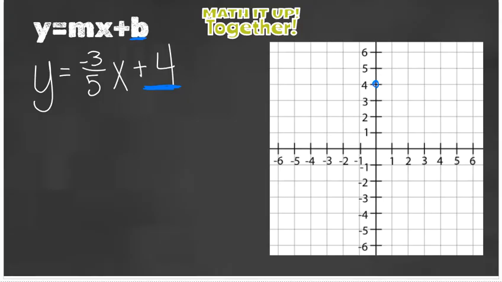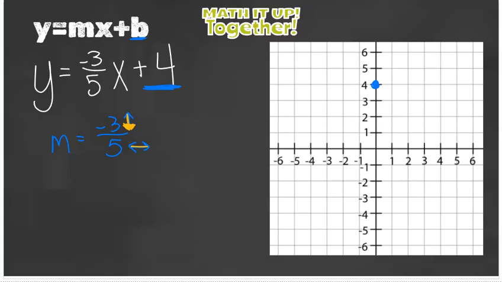I can get that graphed, and now I just need to work from there to figure out where the next point is. So here, my slope is -3/5. I know that this is my vertical movement and this is my horizontal movement. Because this is negative, I'm moving down.